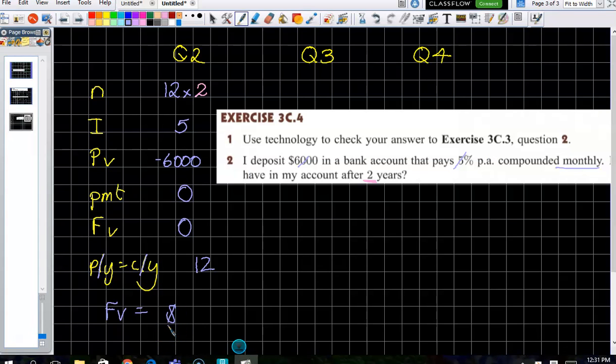Done, I reckon, in like 15 seconds. The hardest bit is writing N, I, PV, PMT. Okay? They're going to mix it up, as we said. There will be questions where you have to find how much do you invest originally, and so on. I have faith that you could do this. Yes? Go forth, you good things.